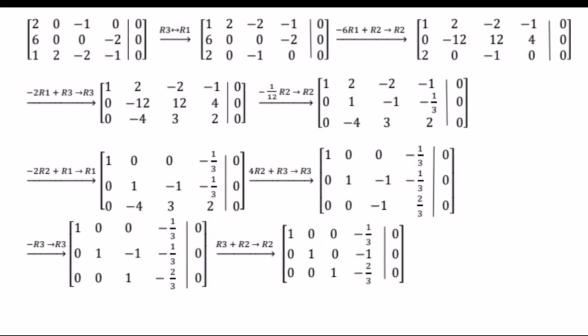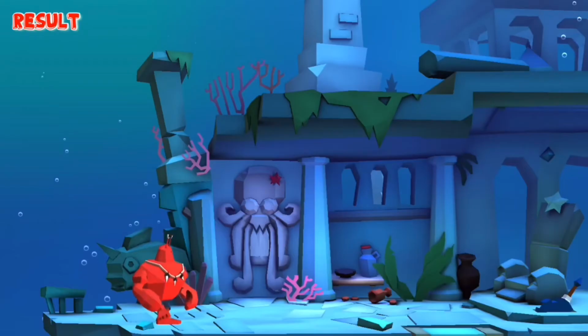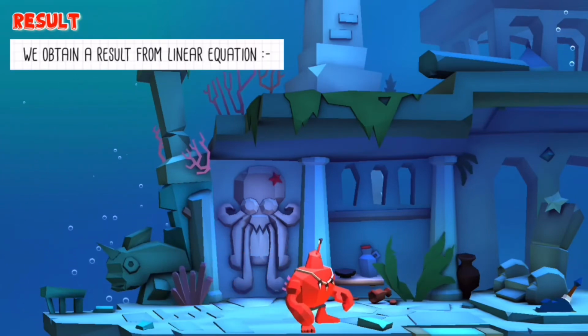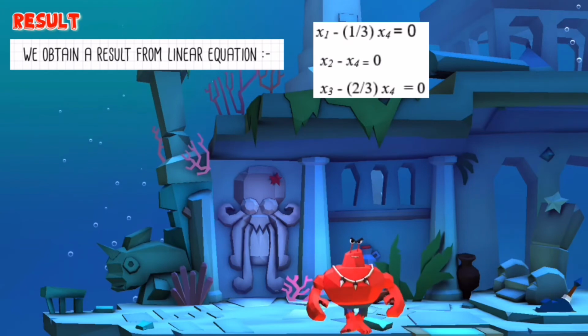After that, we will do the same by multiplying the second row by 4 and adding it to the third row. Lastly, for the third row, we will make the leading one by multiplying it by -1. Then we will add the third row to the second row so that all the entries above the leading one will be zeros.